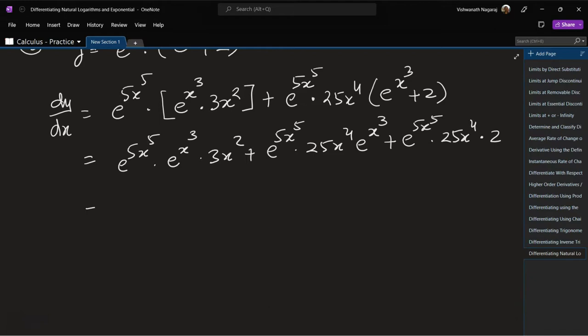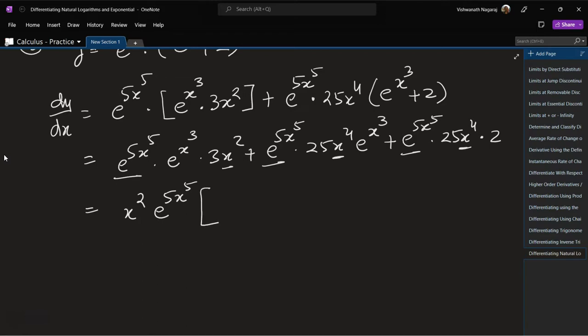Okay, so here what is common to all of them? This is common, right? Not only that, x square is common to all of them. So x square e to the power of 5x to the power of 5 is common.